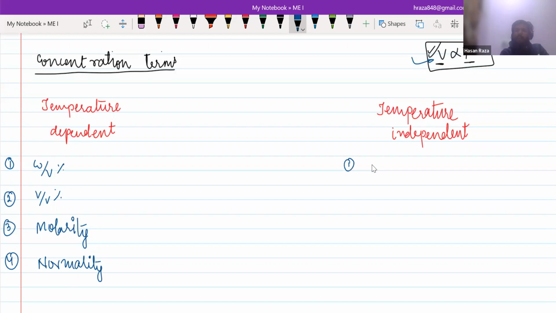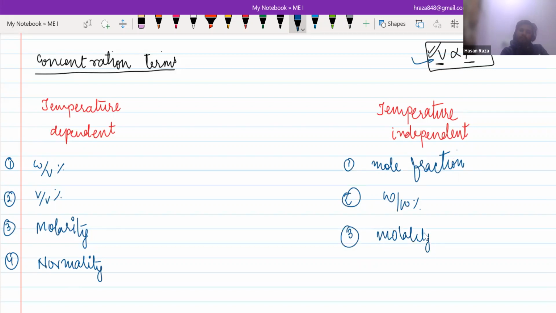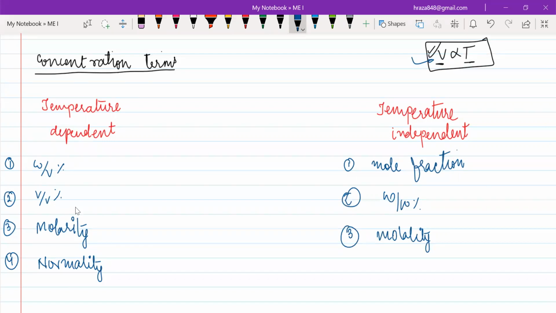Now temperature independent: that is mole fraction. You can also write weight by weight percent, and the next one is molality. Please do write the names of all these concentration terms.